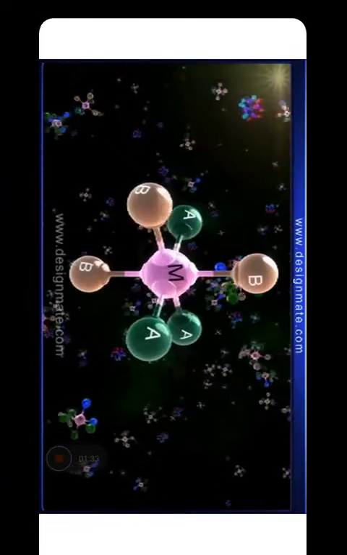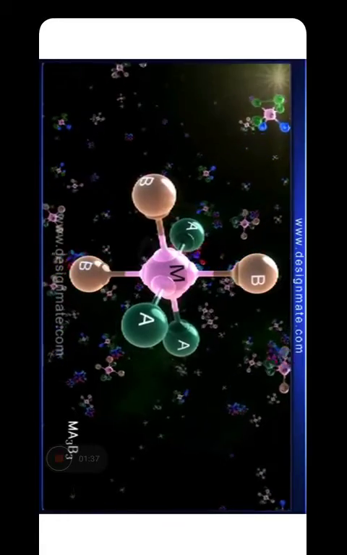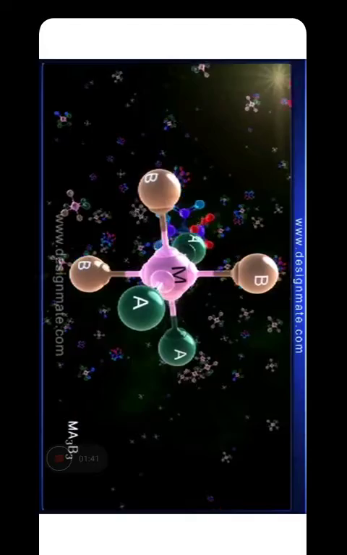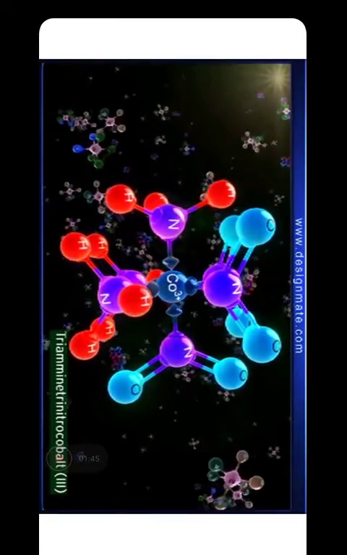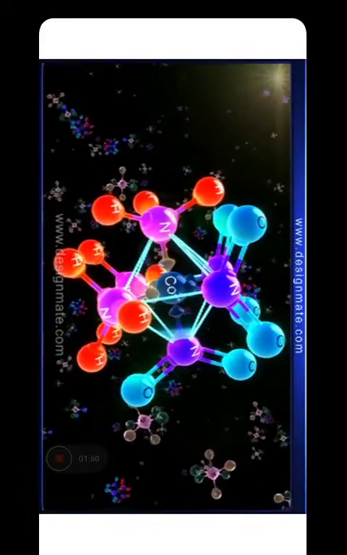In octahedral complexes of the type MA3B3, another type of geometrical isomerism is observed. For example, in triamminetrinitrocobalt 3, if three identical ligands occupy one face of the octahedron, it is called facial isomer.